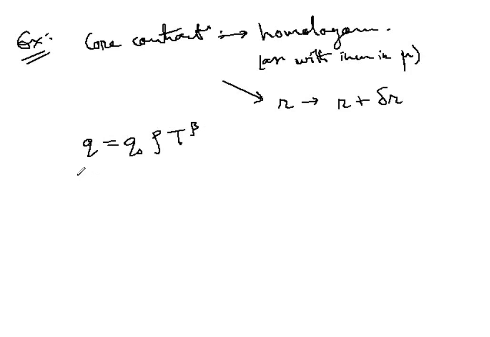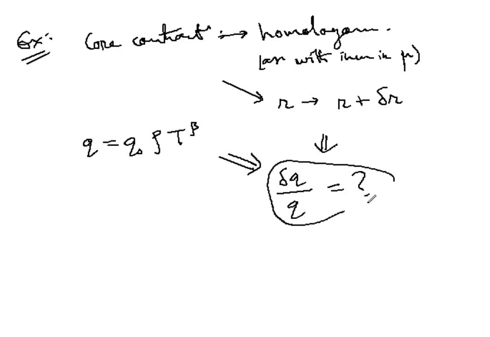Okay. Now, what can we say if such a thing happens? What can we say regarding the fractional change in energy generation as a result of this? This is the question. Can you do this?